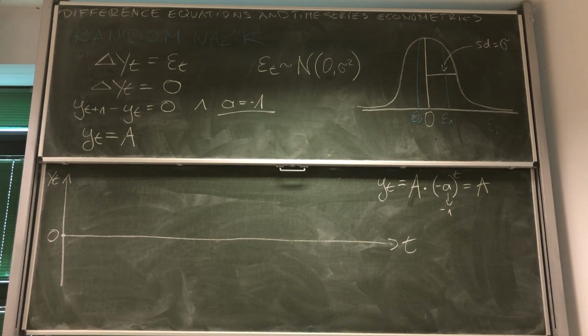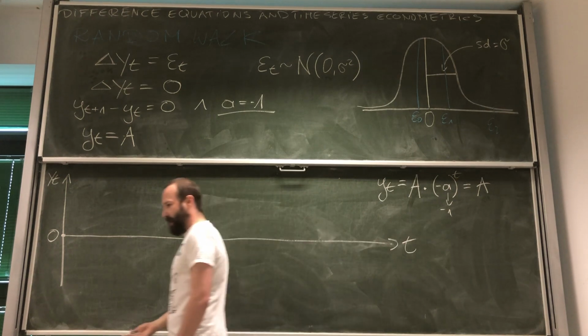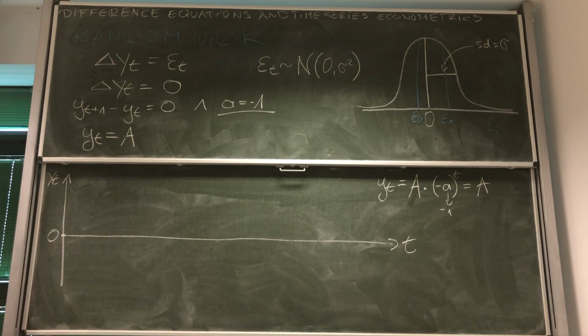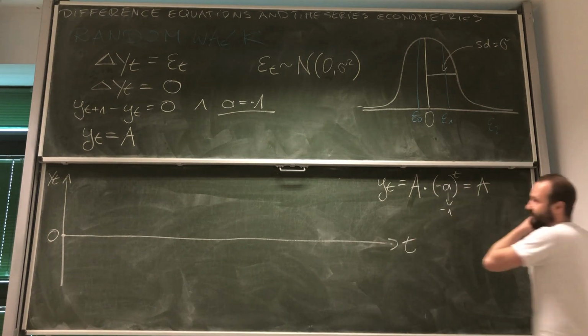So we see that we've got just A. But look, what was the interpretation of A? A is a deviation from equilibrium value. We clearly see that equilibrium value in this simple case is 0.